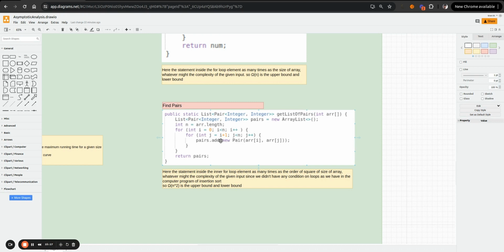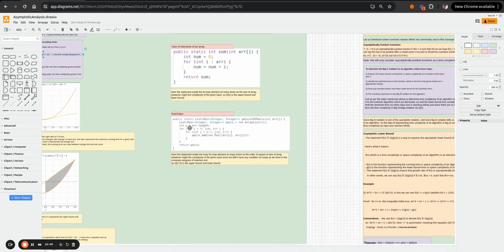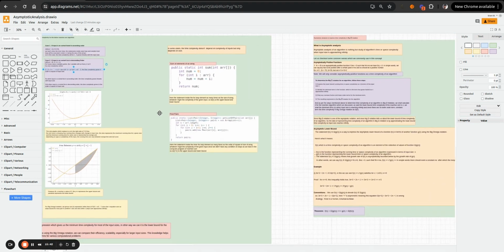These instructions will be run in the order of the square of the input size. So we can say that the time complexity is big omega of n square, which is the lower limit, and also this is the upper limit as well. Big O of n square and big omega of n square, both are the same. Best case is the same and worst case is also the same.